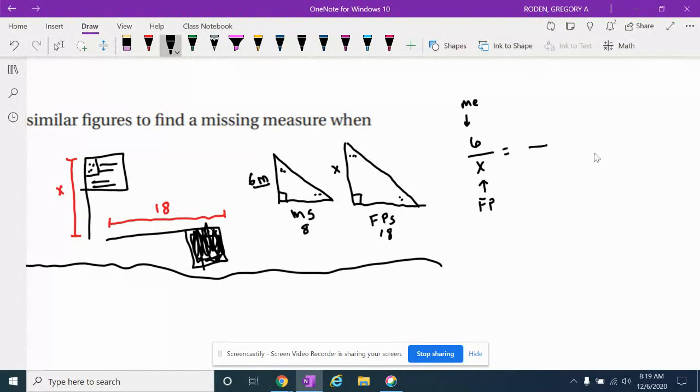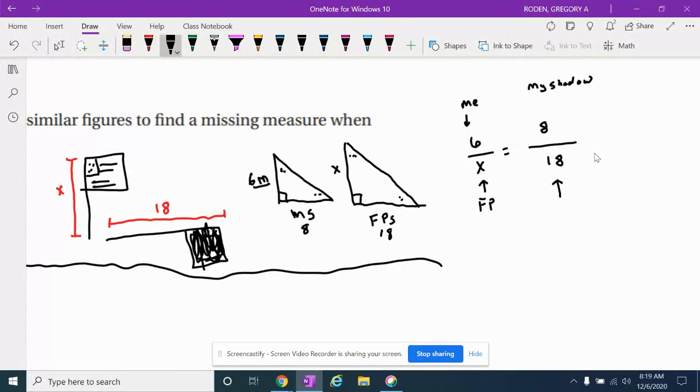That ratio is going to be equal, because we know these two triangles are similar because they have the same angles, to my shadow to the flagpole's shadow, which is in this case 18, right?